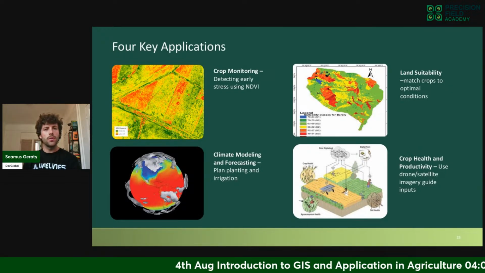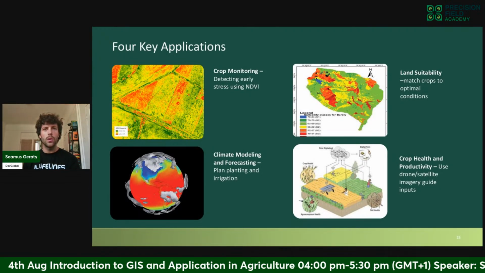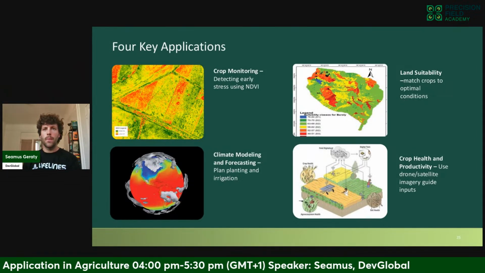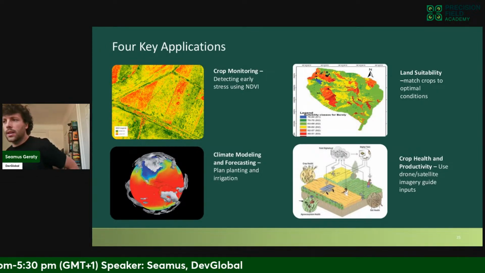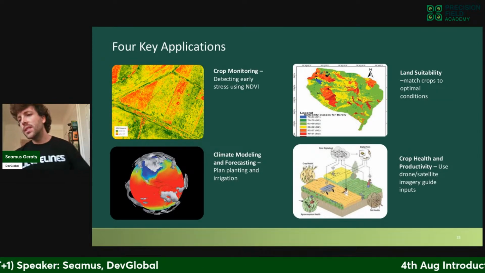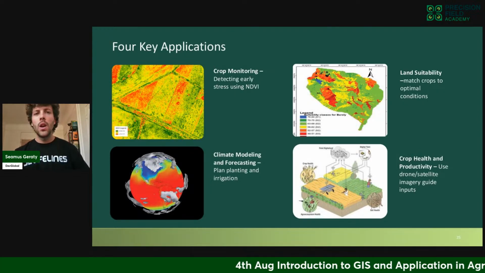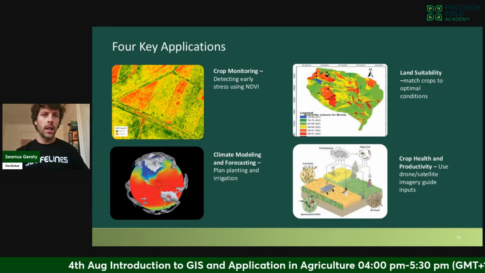That's all we can pick up on. And if you have large fields as well, maybe you can't get eyes on specific plants. You don't have time to get out there. So you can use the data to monitor crops over large areas. Climate modeling and forecasting, this helps farmers plan planting schedules and irrigation strategies based on predicted weather patterns. We can understand going decades and decades into the past about what the climate has been.